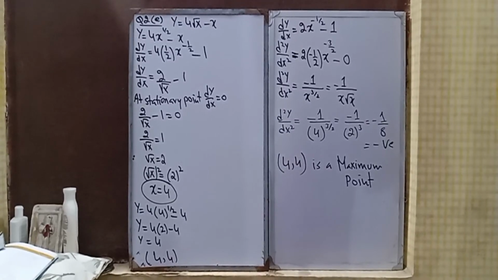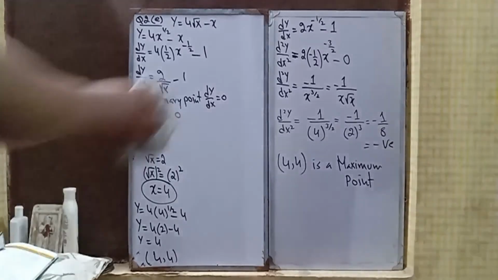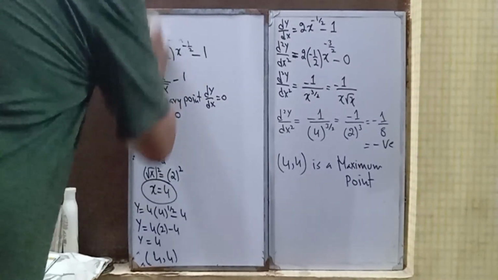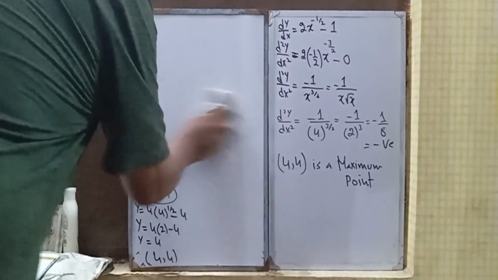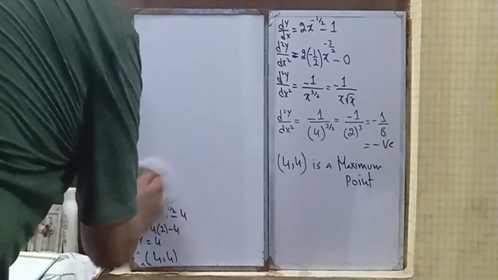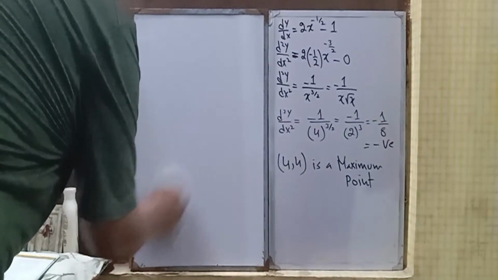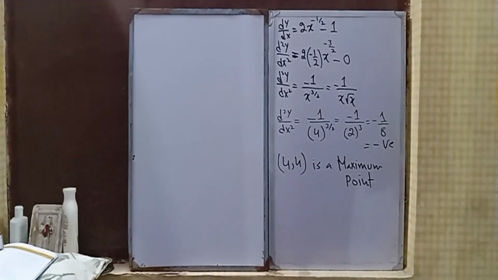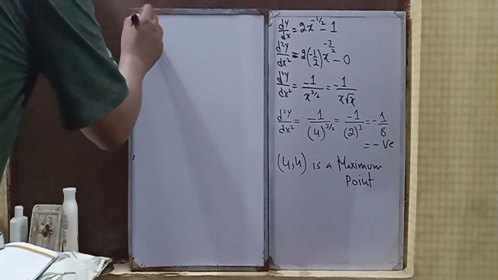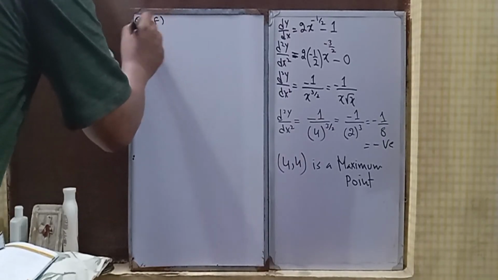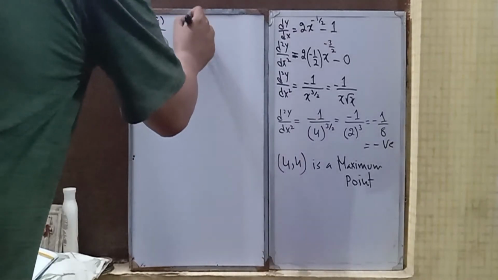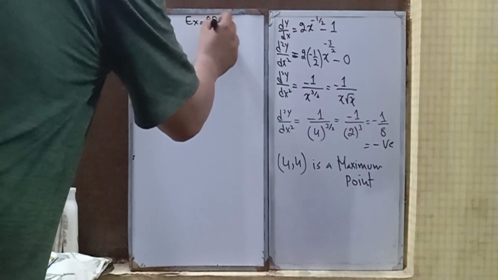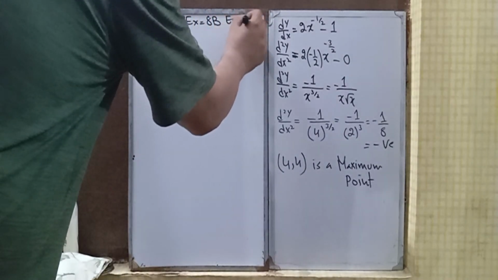Okay, let's go to the next part of the question number 2, and that is the F part. The exercise is 8B, and we are on the episode number 2.